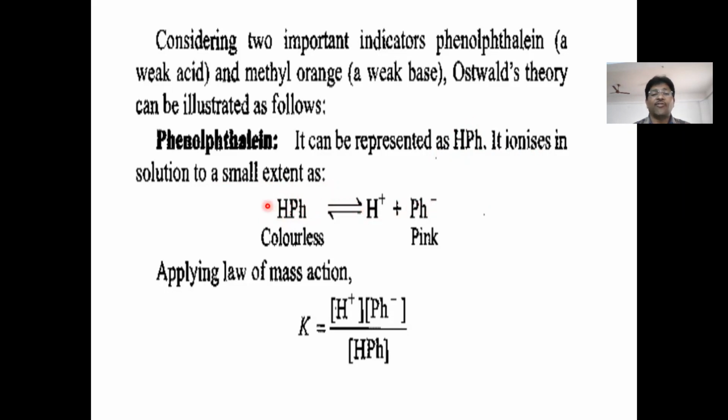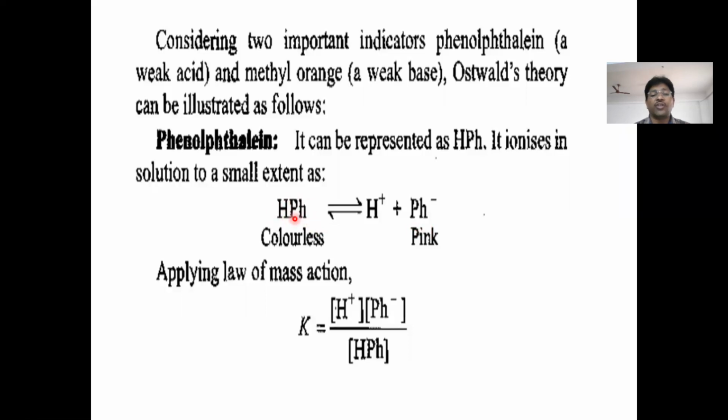The undissociated molecular form is colorless, and the dissociated ion has pink color. H plus is colorless. The negative ion of the phenolphthalein molecule has pink color. On dissociation only it will convert into pink. Otherwise it will be colorless.